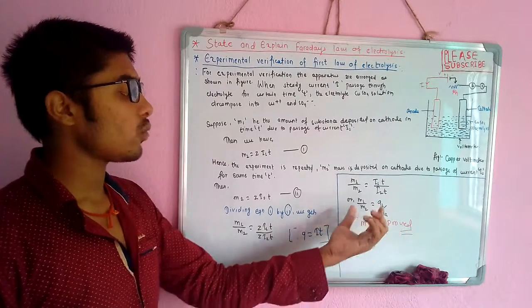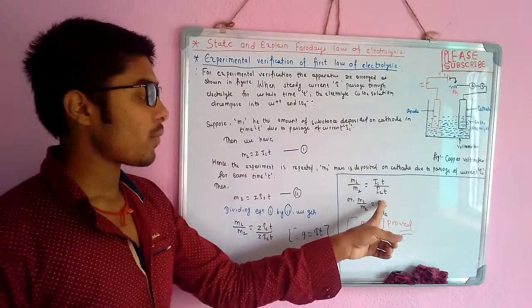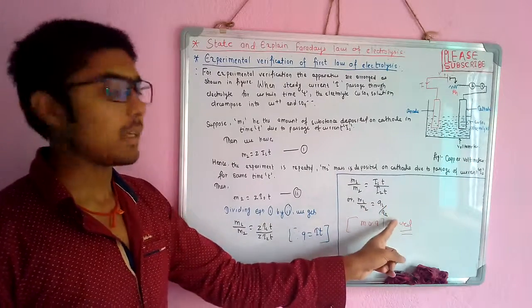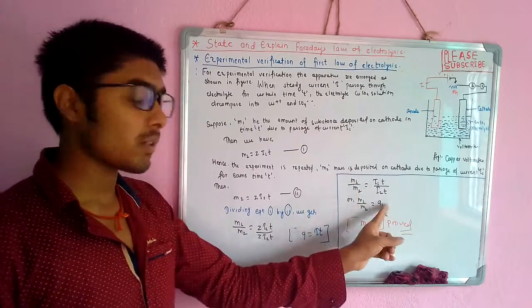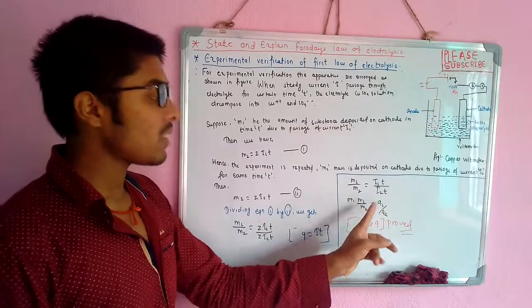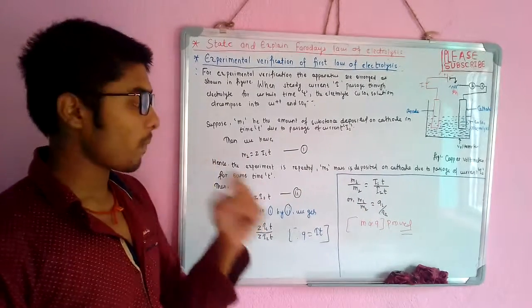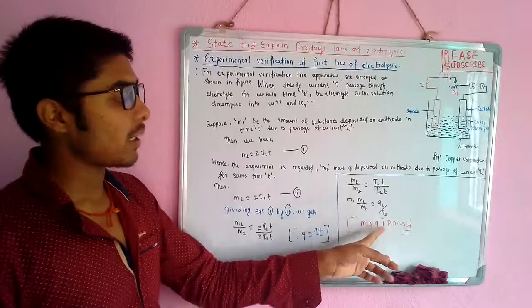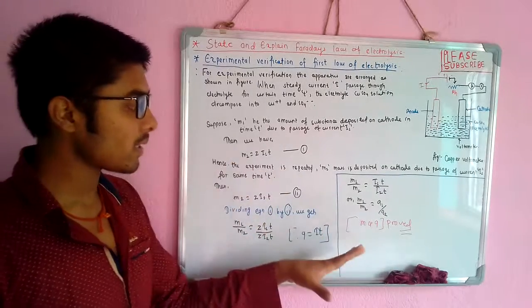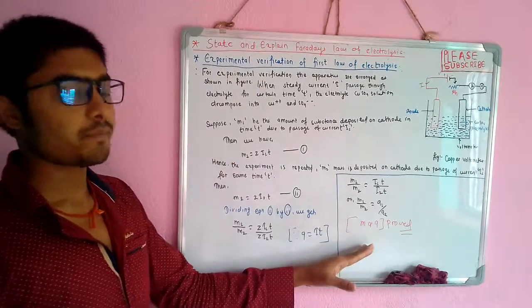From this relation, we see that M1 is directly proportional to Q1 and M2 is directly proportional to Q2. That's why M is directly proportional to Q. We had to prove this, and we have verified it.